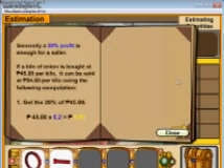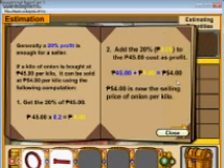Generally, a 20% profit is enough for a seller. If a kilo of onion is bought at 45 pesos per kilo, it can be sold at 54 pesos per kilo using the following computation. Get the 20% of the 45 pesos. The formula: 45 pesos times 0.2, and 0.2 is actually the 20%, right?